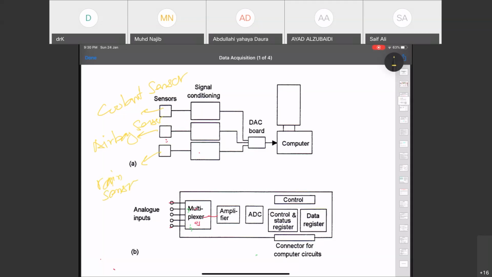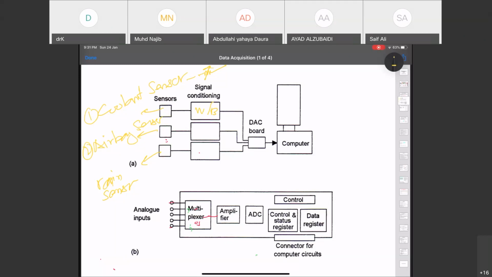So for a coolant sensor, it's a kind of resistive transducer, so you may need some kind of Wheatstone bridge here. And from here, an acquisition board to read from the sensors. For example, here you have a sensor.